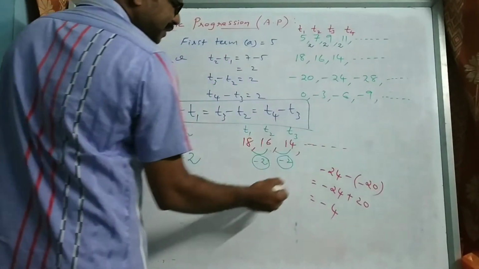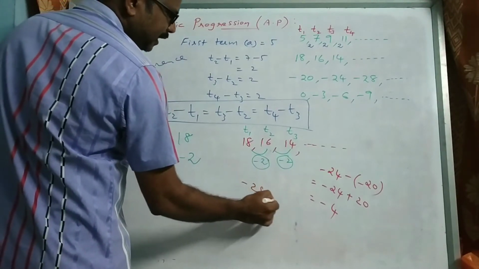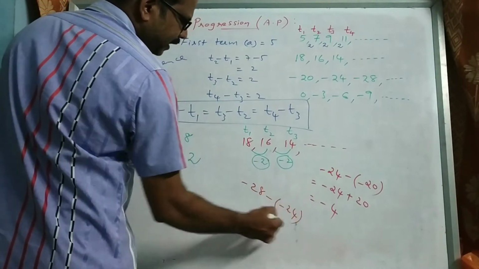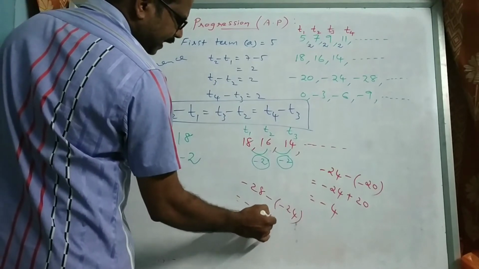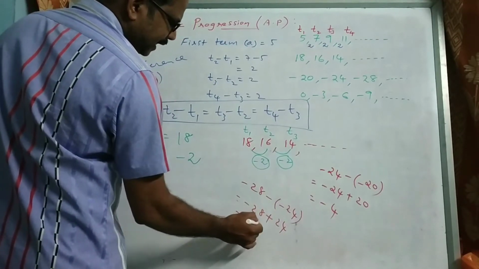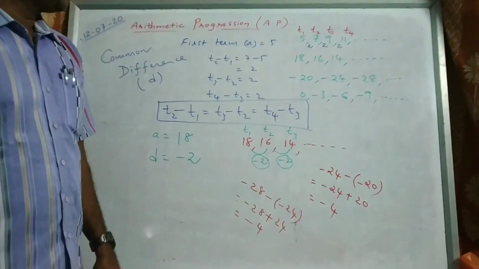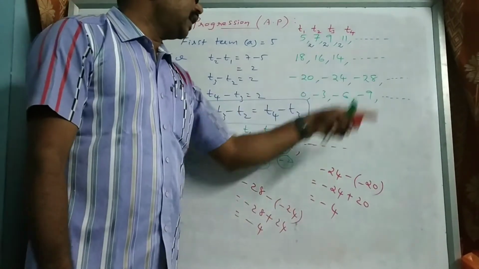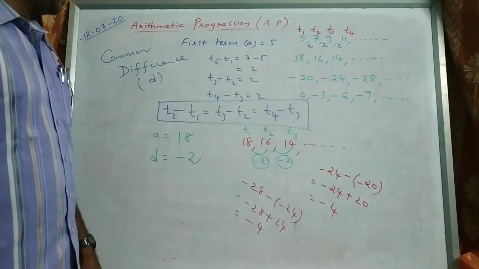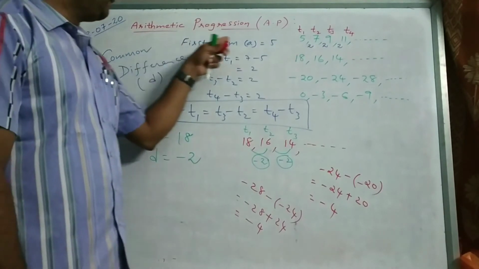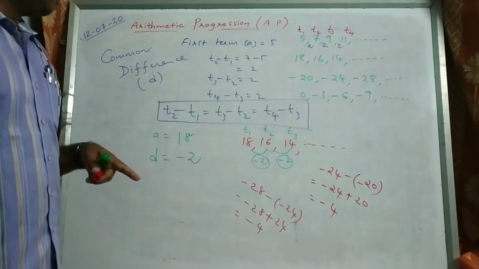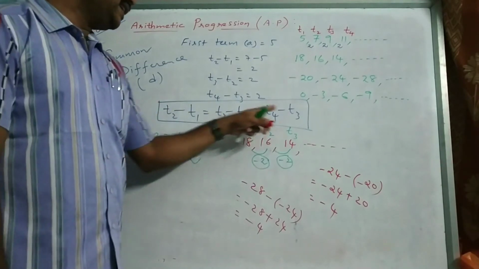Similarly T3 minus T2: minus 28 minus of minus 24, which is minus 28 plus 24. How much will you get? Minus 4. So the common difference is the same here. Such a progression is called an arithmetic progression. In an arithmetic progression, we have to remember the common difference is equal.